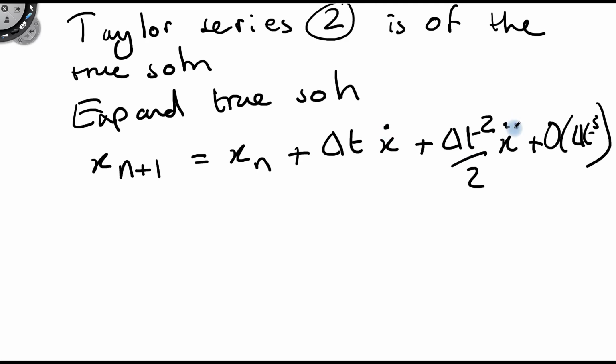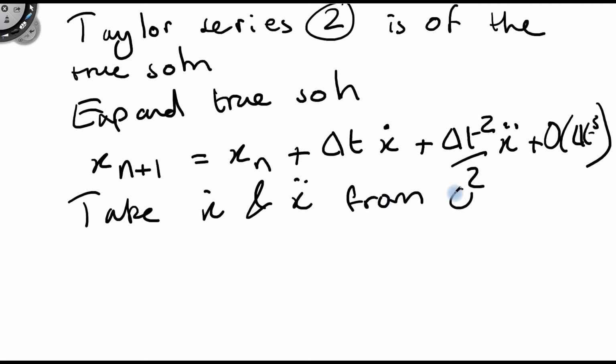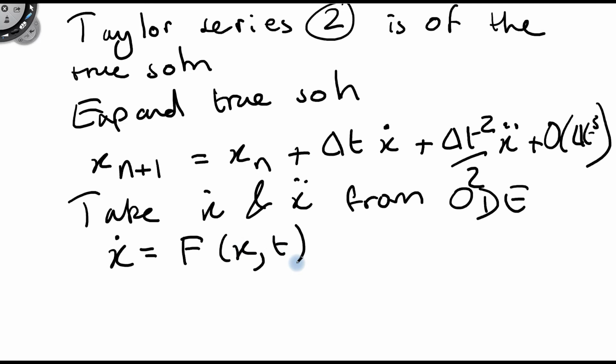So we take x dot and x double dot from the ODE. So that's why I call it of the true solution, because we're using the ODE. So the ODE we're using is x dot is the right hand side, f of x and t. So I'm writing the right hand side now in terms of x and t, the most general form of this ODE.